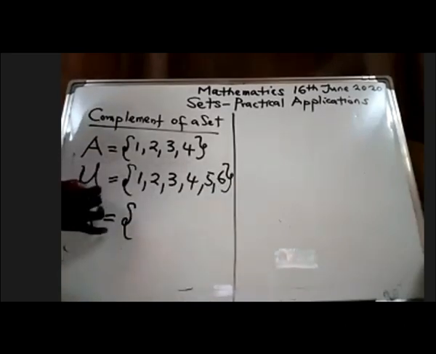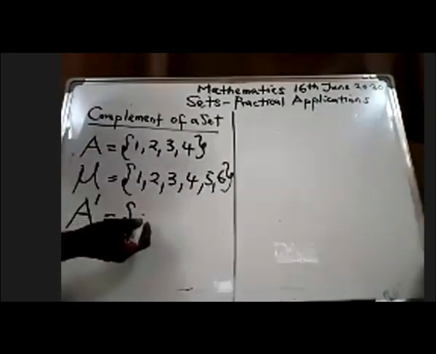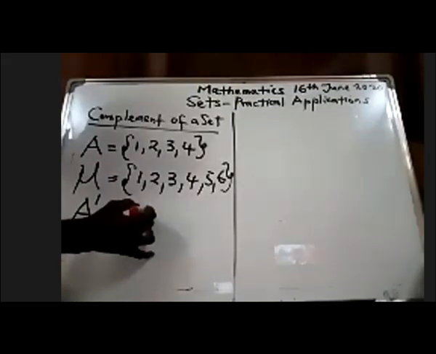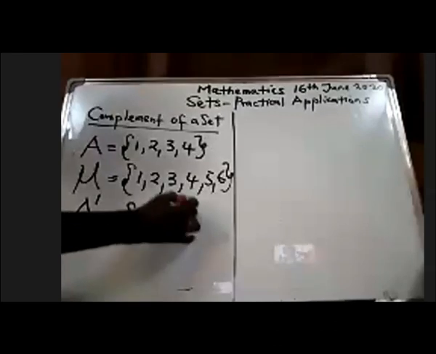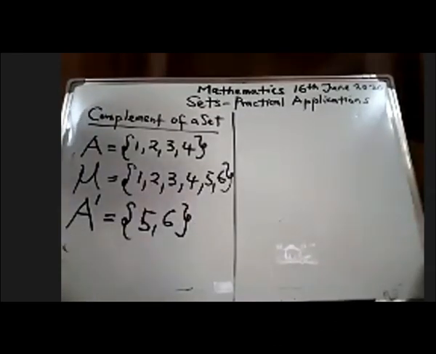So the complement of that set, which is treated as A prime, will be 5 and 6, representing elements that are not present in the set.